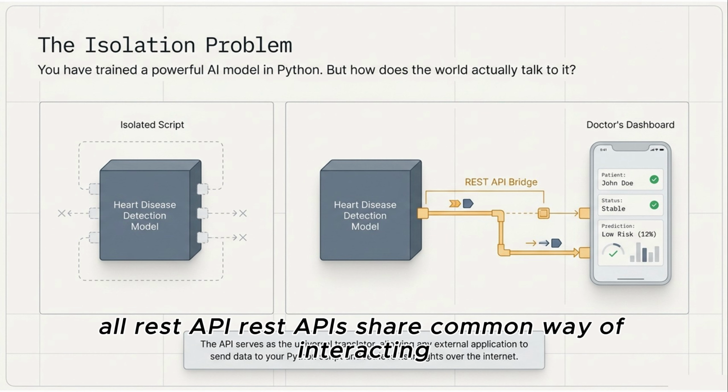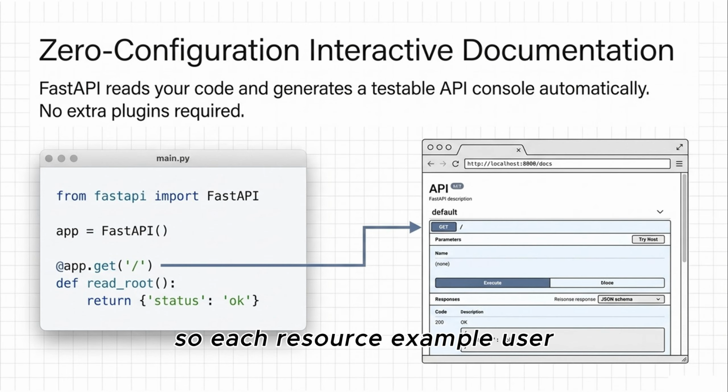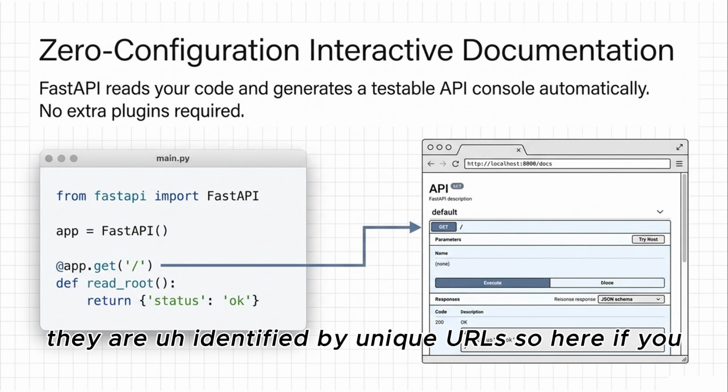All REST APIs share a common way of interacting. Here, resource identification in request: each resource, for example user, is identified by a unique URL.